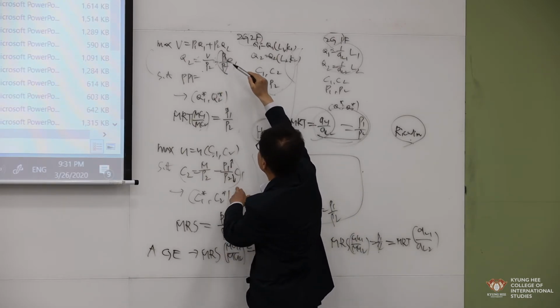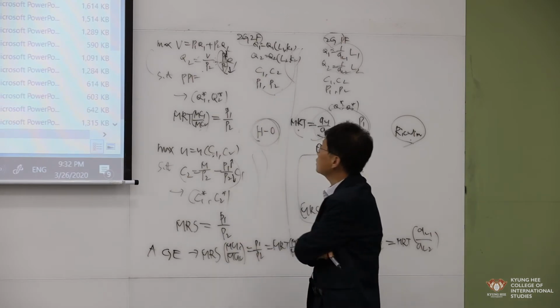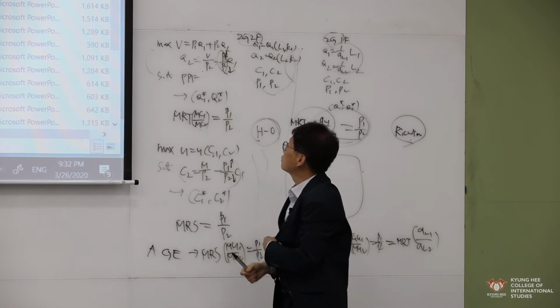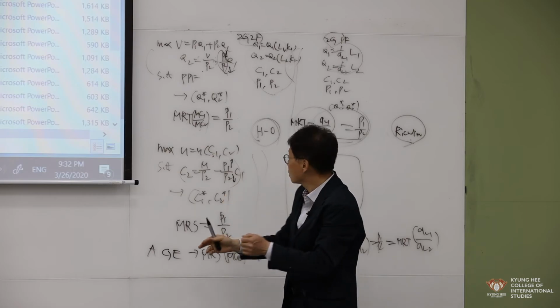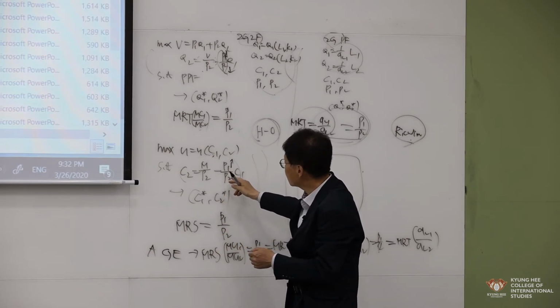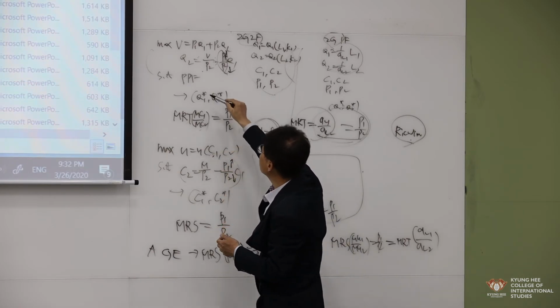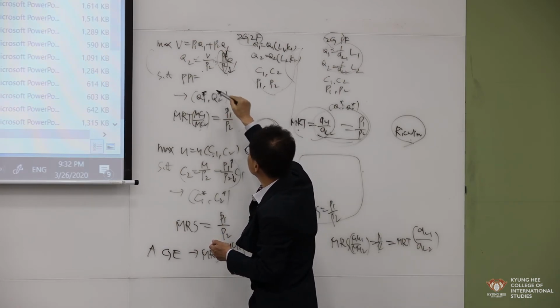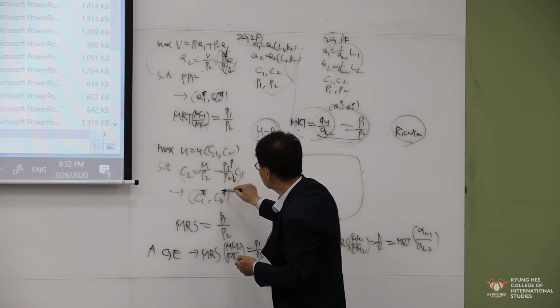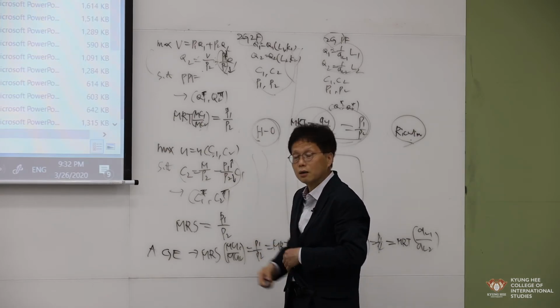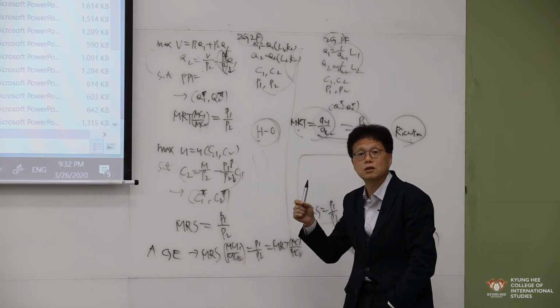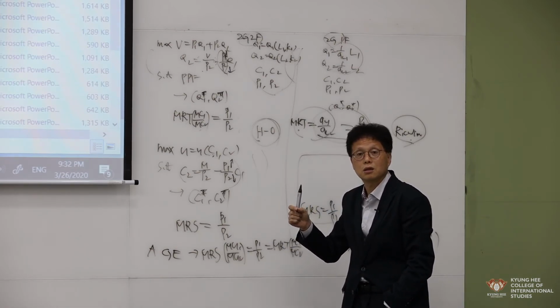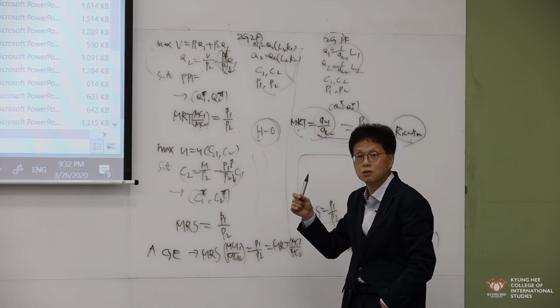P1 over P2, as I said before, increases in Korea. Then the country has to solve the value maximization problem again. Consumers have to solve the utility maximization problem again to find Q1T, Q2T, C1T and C2T. Everything changes, and we can find the new general equilibrium after trade. That is international trade theory.